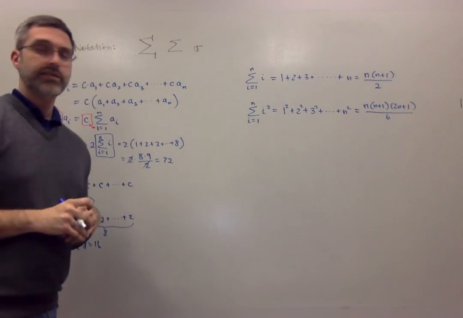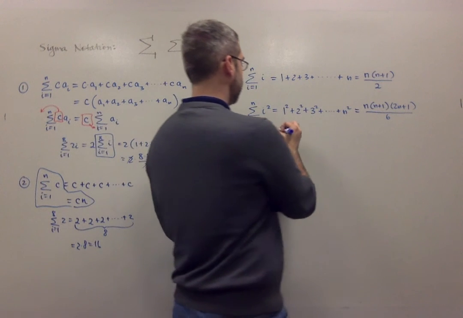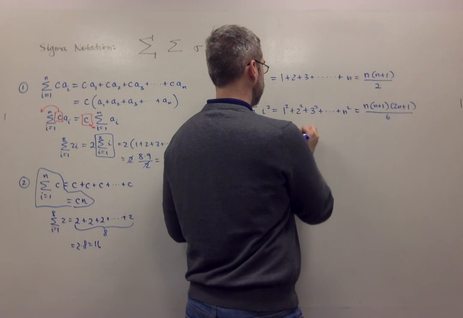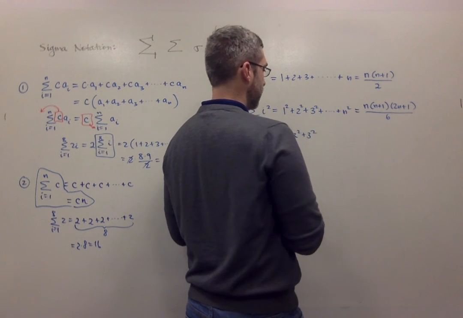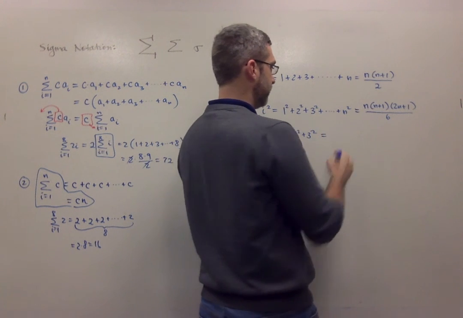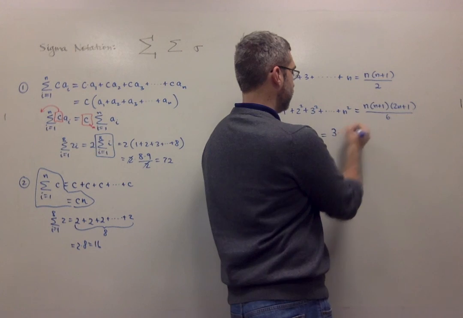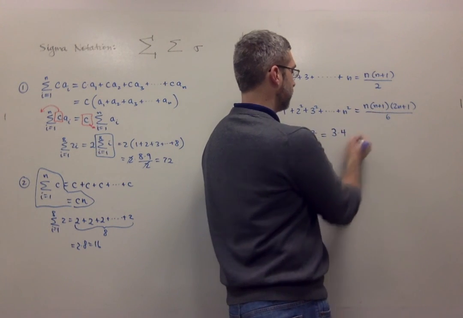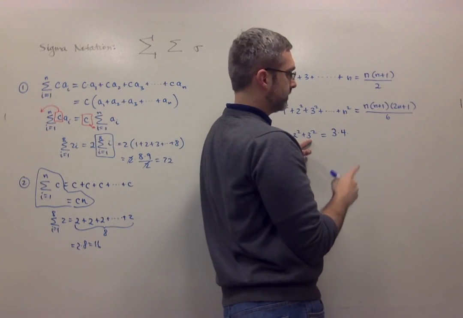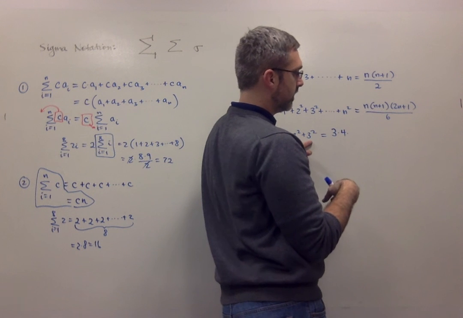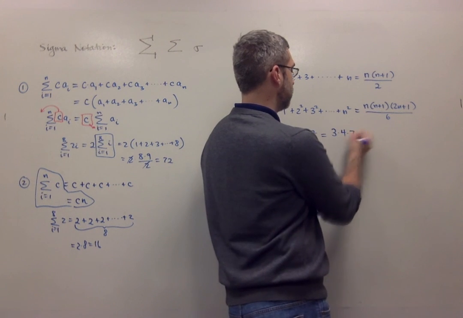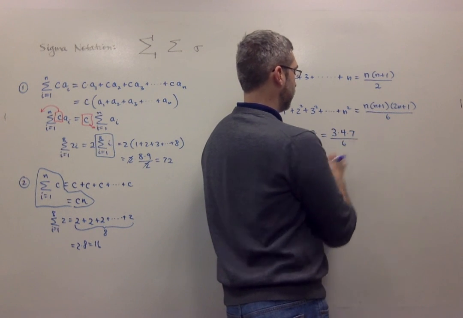So for example, if I were to add 1 squared plus 2 squared plus 3 squared, this formula would say that will be n times n plus 1, it would be 3 times 4, times 2n, where n is 3, so 2n would be 6 plus 1 is 7, over 6.